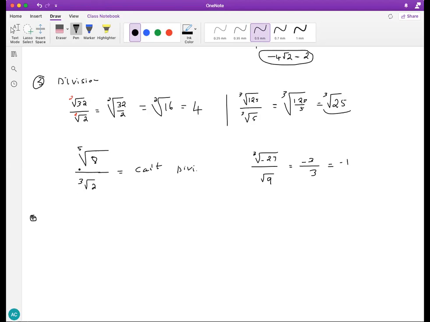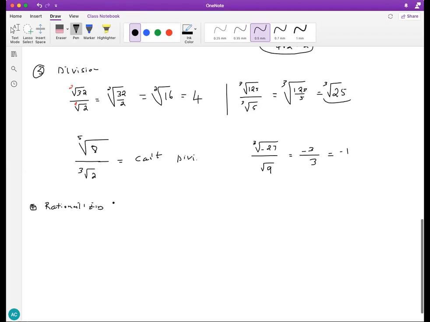So when we can't simplify or divide, but we don't want the radical to be in the denominator, we have a way to actually get rid of this radical from the denominator. So that's what we call rationalizing. We rationalize fractions or radicals.